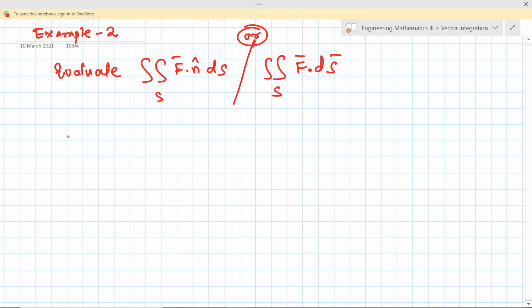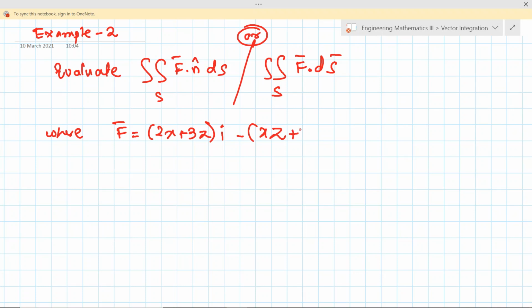Here f bar is given, where f bar is equal to (2x plus 3z)i minus (xz plus y)j plus (y square plus 2z)k, and S is a sphere of radius 3.